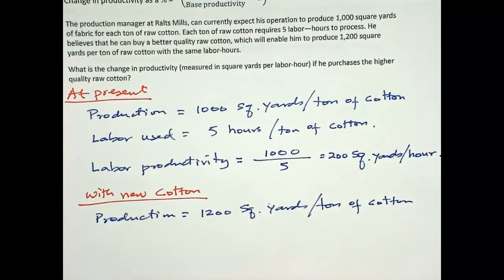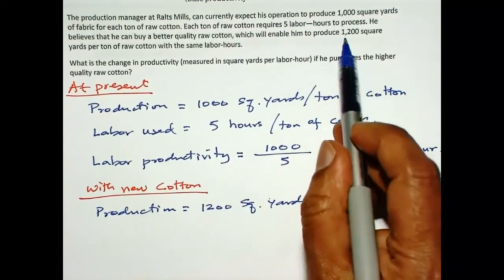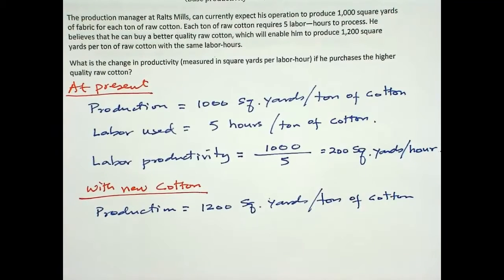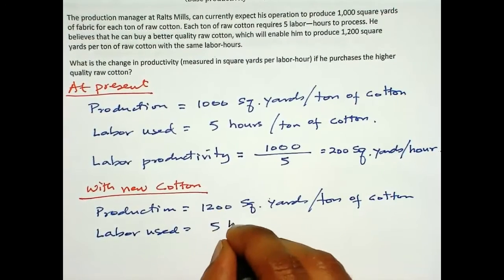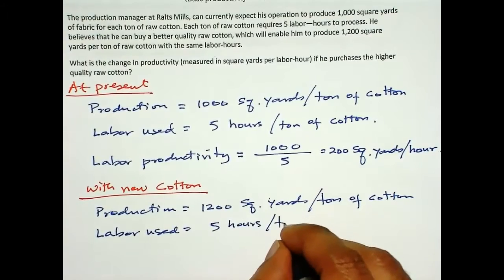So 1,200 right there. Labor needed, or labor used, is the same, 5 hours per ton of cotton.